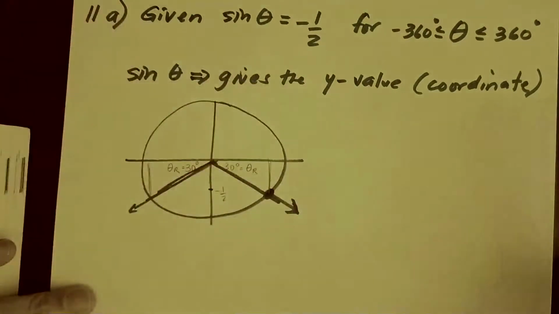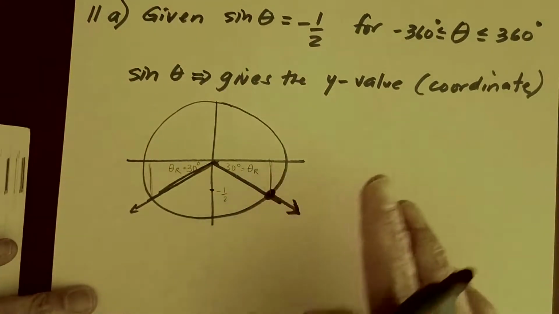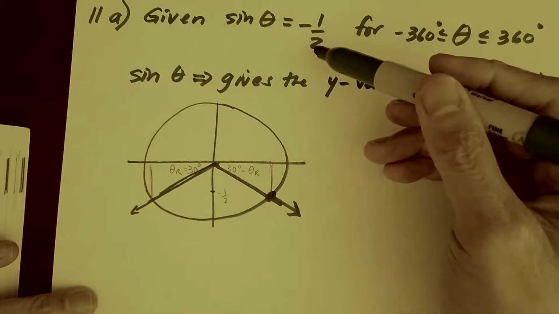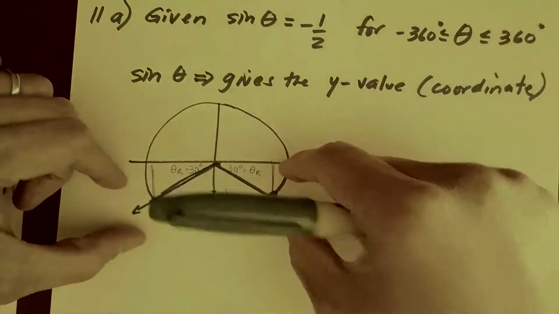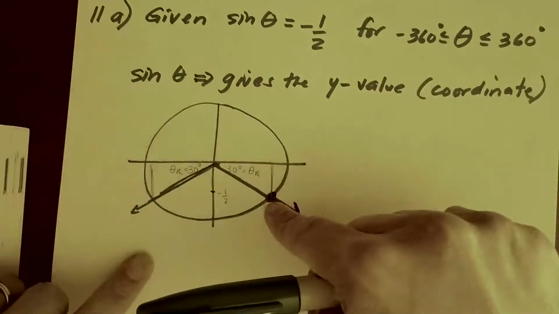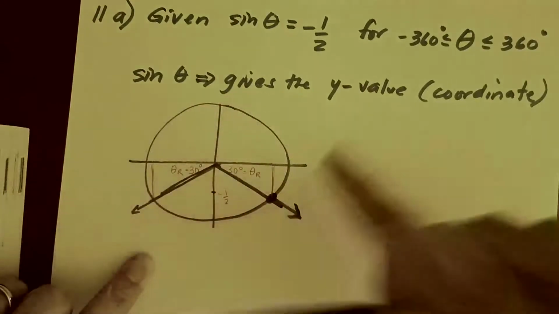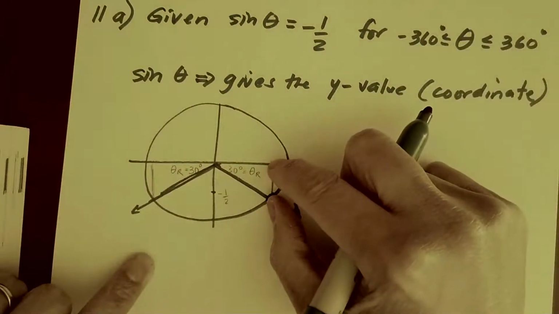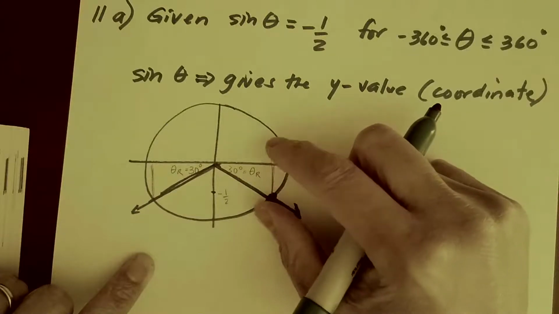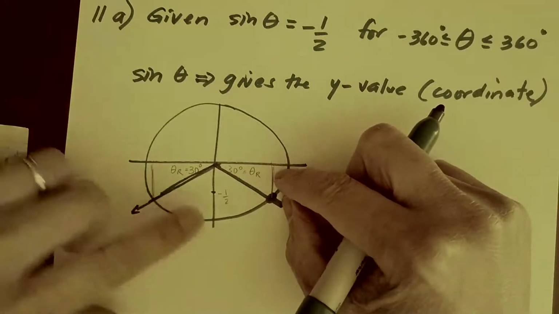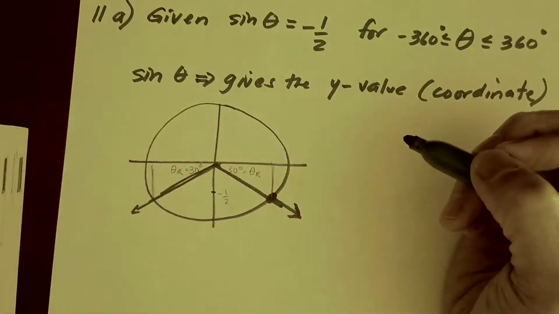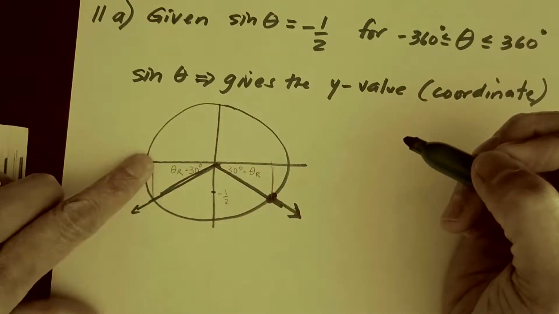So negative 1/2 for sine, that's the y coordinate, and that is a special angle. You might recognize that already, which was covered in grade 11 pre-cal as well: the special angle is 30 degrees for the reference angle.